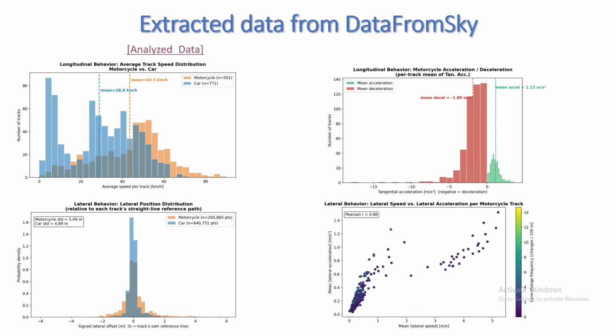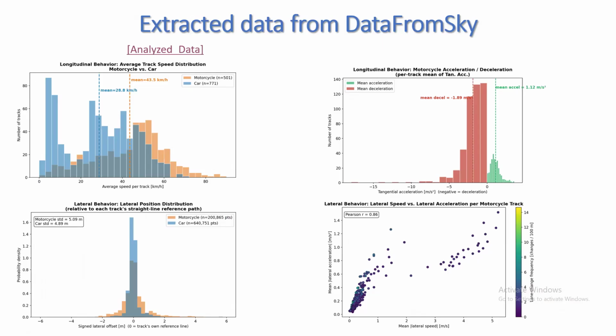In the second, right top graph, we can see the longitudinal behavior for motorcycle acceleration and deceleration. The mean acceleration is 1.12 meter per second square. For deceleration it is minus 1.89 meter per second square.